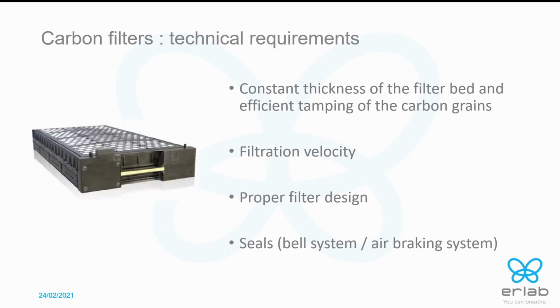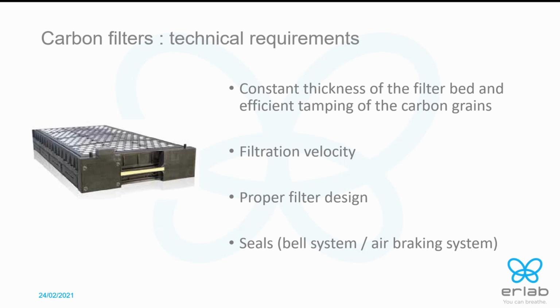Also, for the filters itself, there are many technical requirements to make an efficient filter. I don't have time to develop all the points to explain what makes an efficient filter, but I will highlight the main ones. The first one is that it is very important to have a constant thickness of the carbon layer.